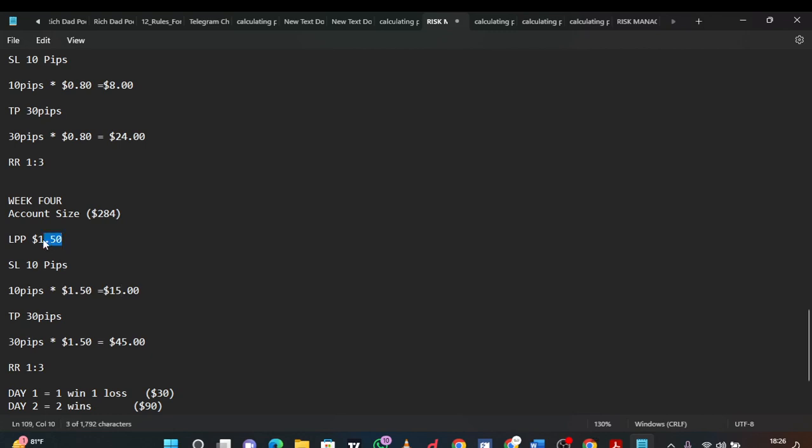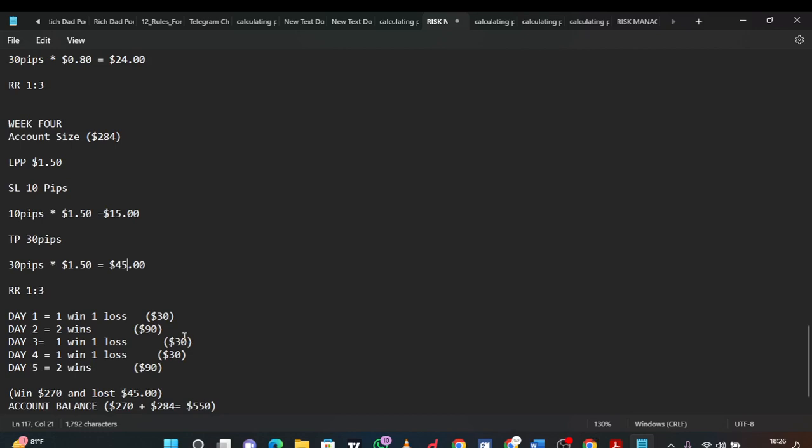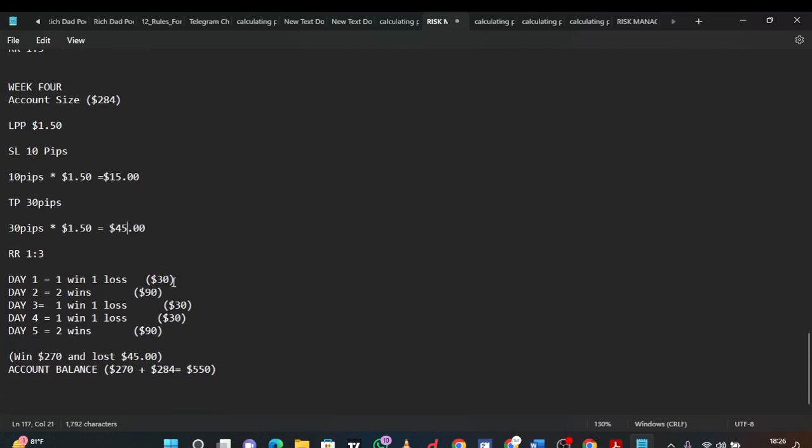So we are going to be losing $1.5 per pip. So for 10 pips, we shall be losing $15. Then for 30 pips, we shall be winning $45. So this is our win rate.